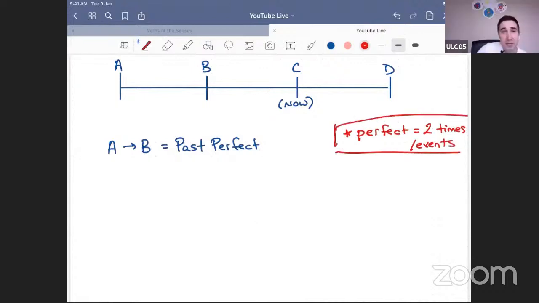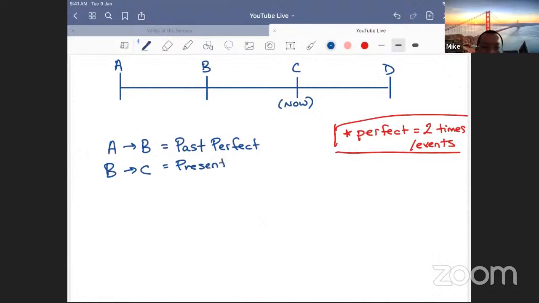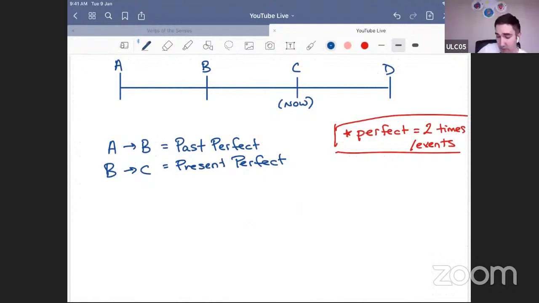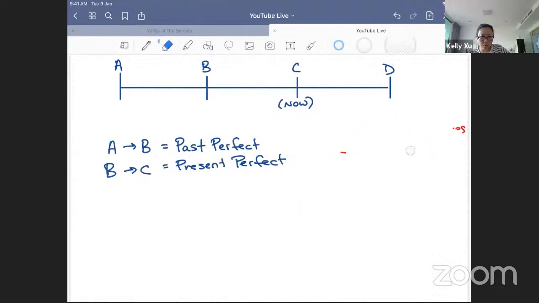Perfect means that we have two events. There must be two events to have any perfect tense, right? So B to C equals present perfect. Let me give you an example. And Chong, let me go through this all, and then if you have another question, let me know.